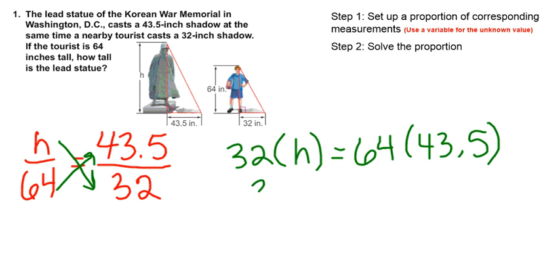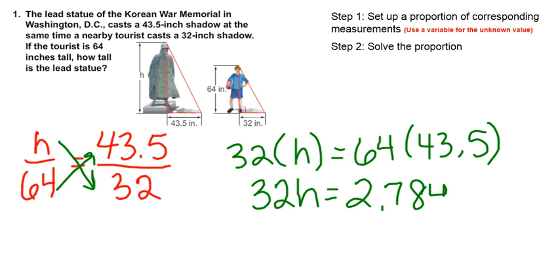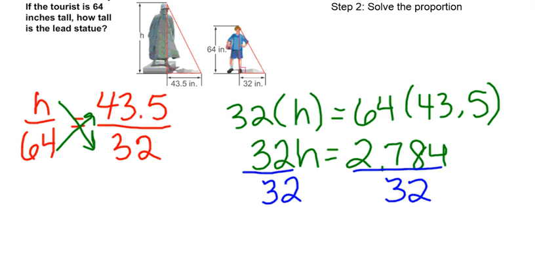So 32 times h is 32h, and 64 times 43.5 is 2,784. All right, now our variable is h, and h is being multiplied by 32. So we're going to divide by 32 on both sides of the equation. So after we do that, the height of our lead statue is going to equal 87 inches tall.